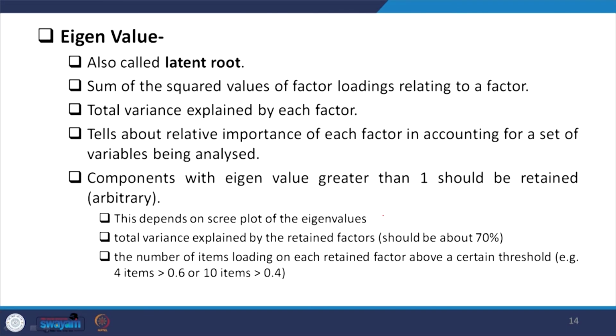There are some standard rules given: if there are 4 items, a loading of 0.6 is perfectly fine, and if there are 10 items, a loading of 0.4 is still fine. Therefore, we mention that it is arbitrary, there is no defined rule of taking only one.